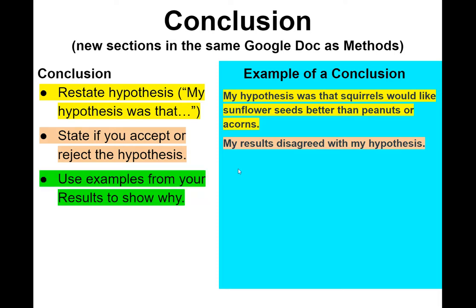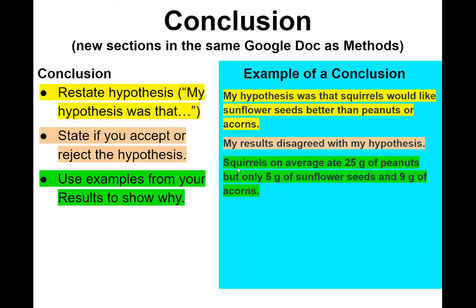Then you use examples from your results to show why. That's basically like you restate the general trend that you did in results. And it doesn't matter if it's exactly the same. Science does not care about saying things in a slightly different way. So you could say, squirrels on average ate 25 grams of peanuts, but only 5 grams of sunflower seeds and 9 grams of acorns.